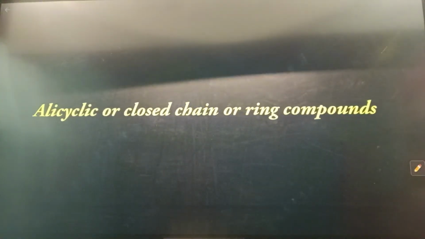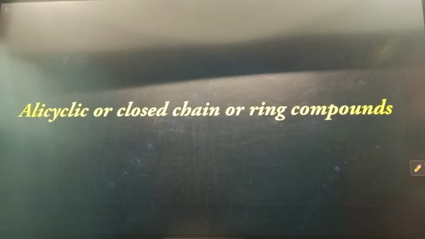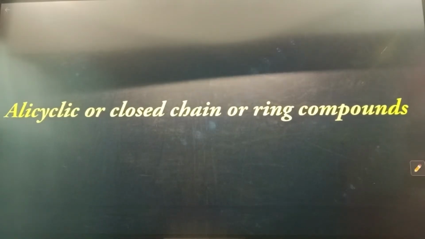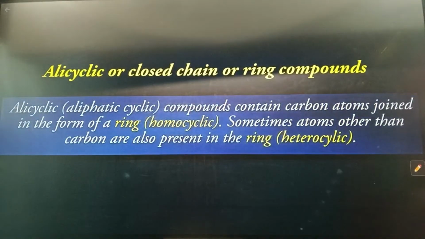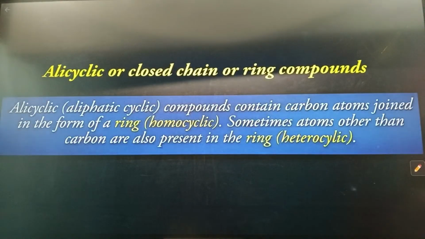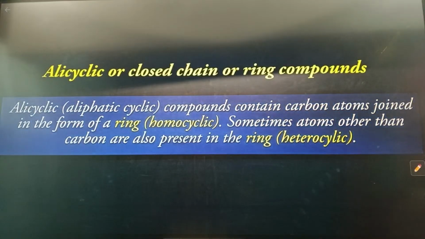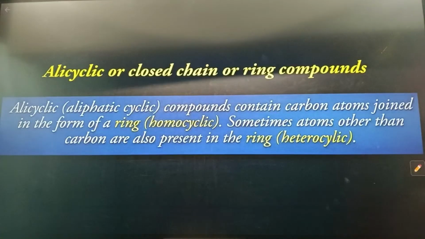Now let us see alicyclic or closed chain or ring compounds. Alicyclic or aliphatic cyclic compounds contain carbon atoms joined in the form of a ring, that is homocyclic. Sometimes atoms other than carbon are also present in the ring, that is heterocyclic.